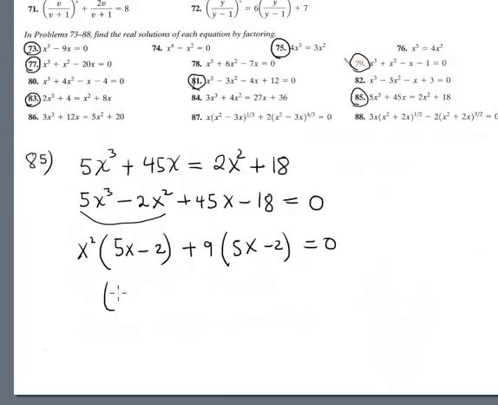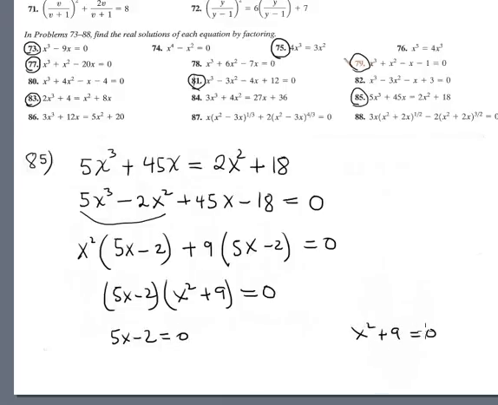Now the factor 5x minus 2 is a common factor. I factor it out, and inside we have x squared plus 9 equal to 0. Okay. One solution is 5x minus 2 equal to 0, and x squared plus 9 equal to 0.